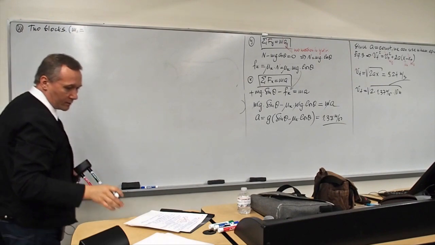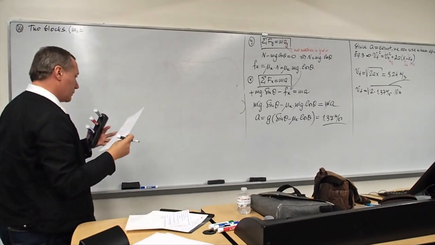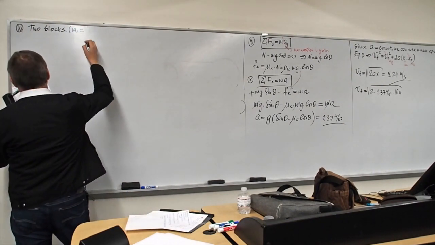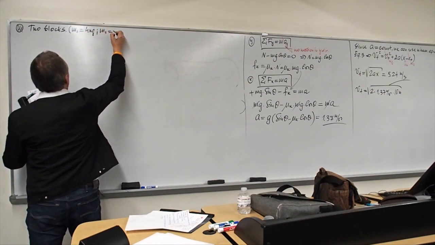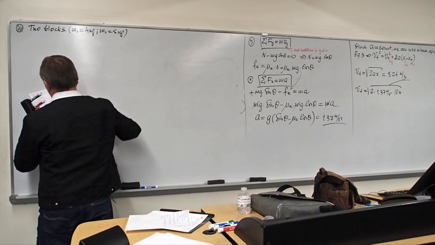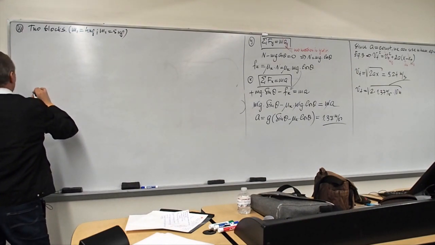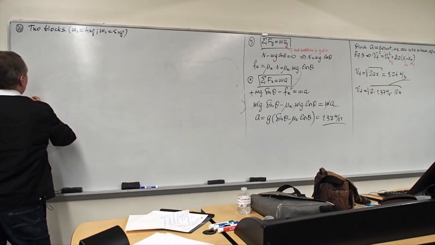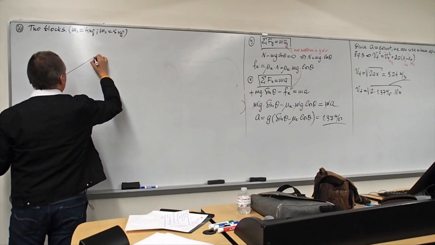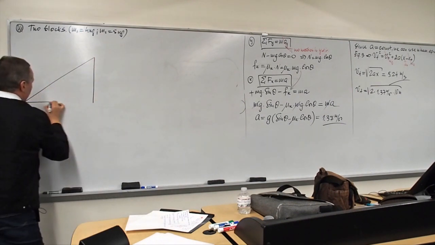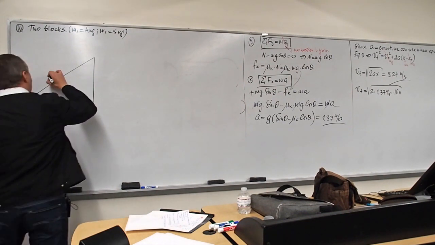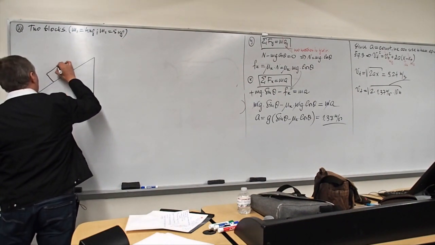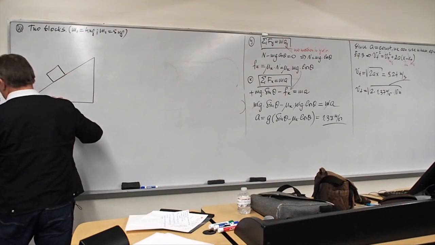M1 is, I think, 4 kilograms, and M2 is 5 kilograms. Not important. I want to draw the picture. Incline, then down. First block is here, and this is M1.